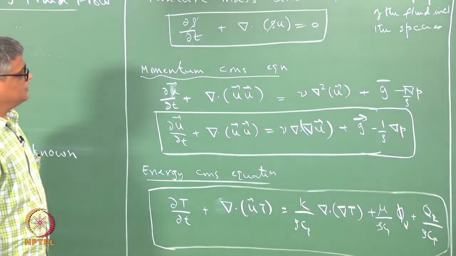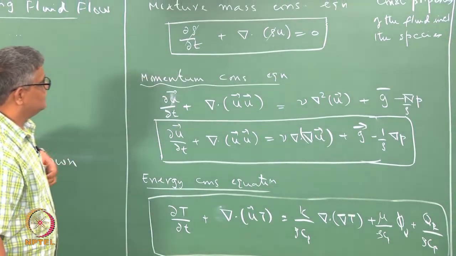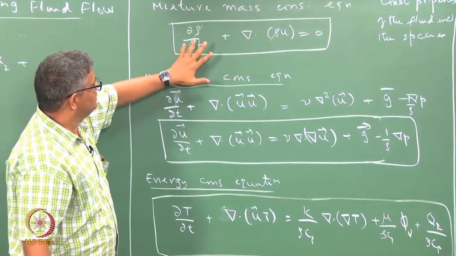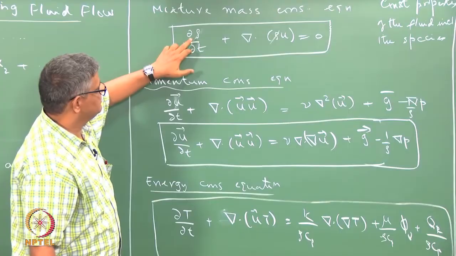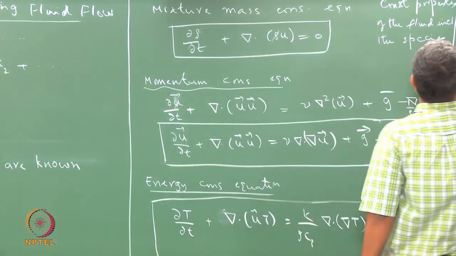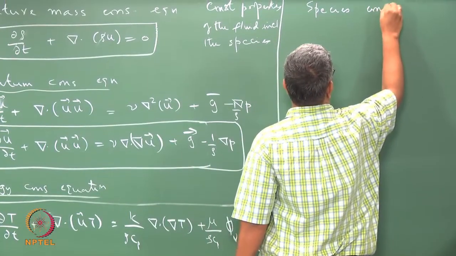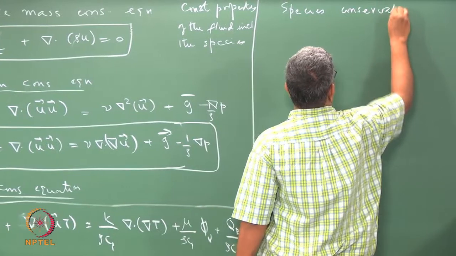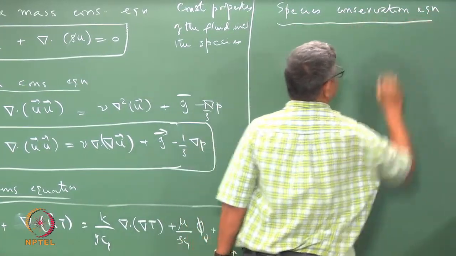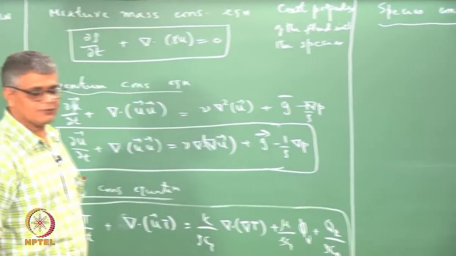And we also need to have a definition of density and all that. In fact, for a mixture we need to keep these things. So we need to have the species balance equation. And this we have put in the form of the mass fraction of the species.